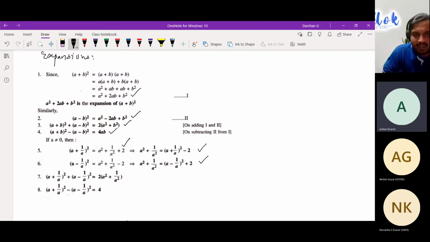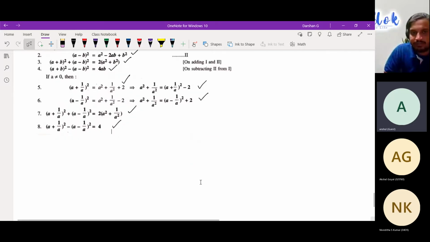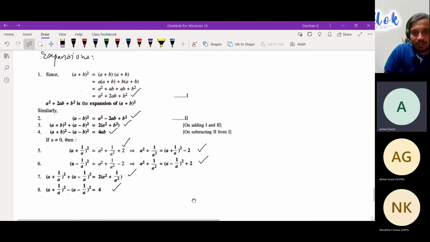Similarly for minus b, (a minus 1 by a) the whole square, and when we add both, when we subtract both, we have everything. So please go through this for the next 1 minute. If you want to make a note of it, please do. Okay, I'm assuming you have made a note of this.